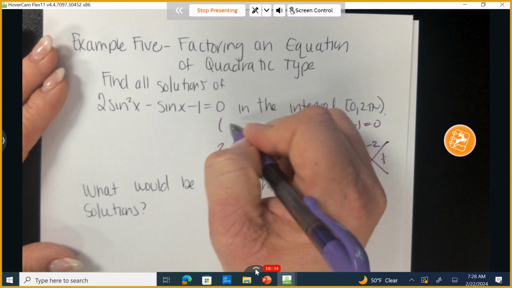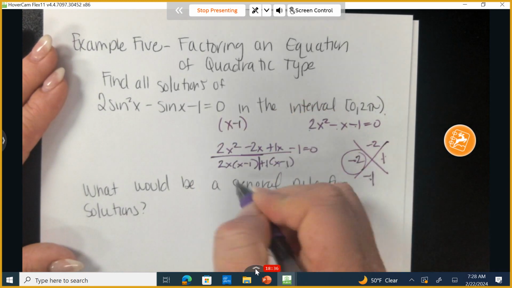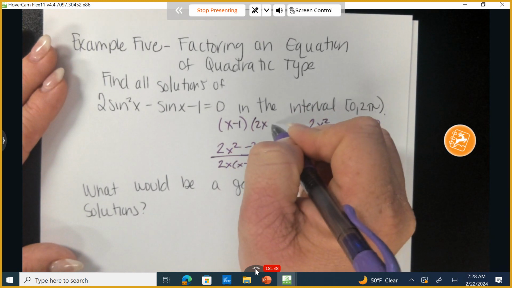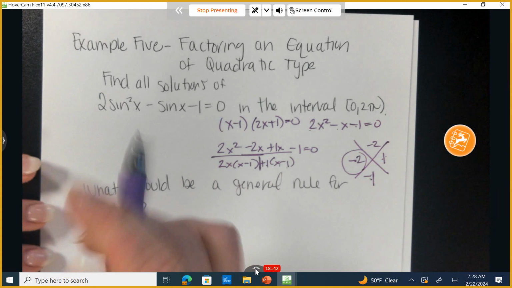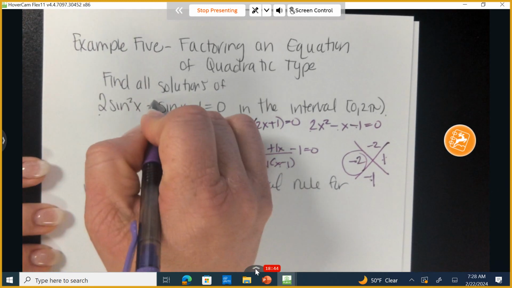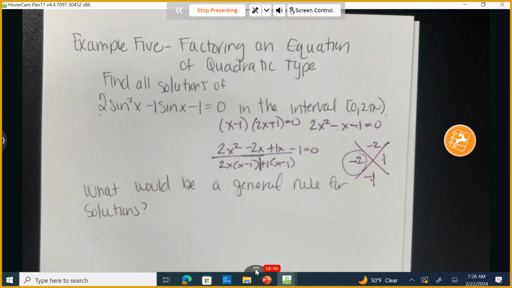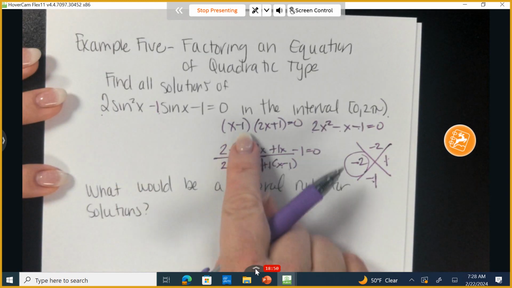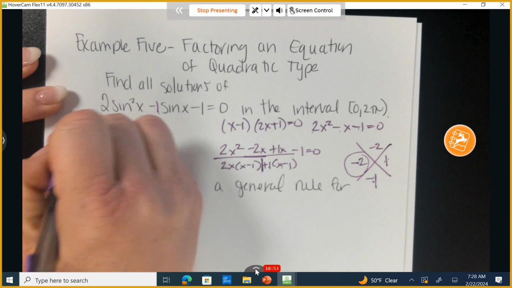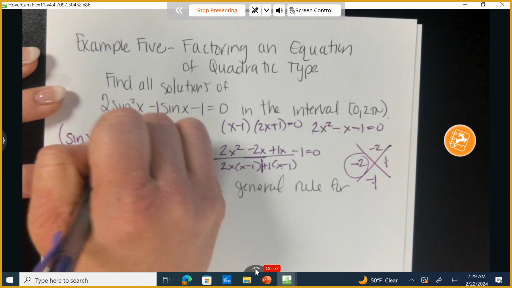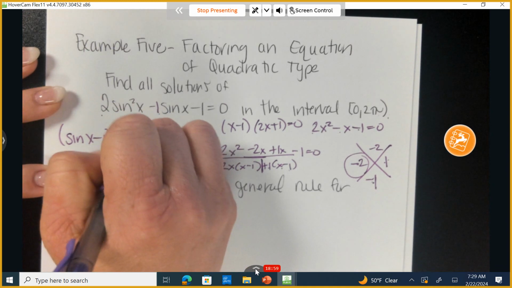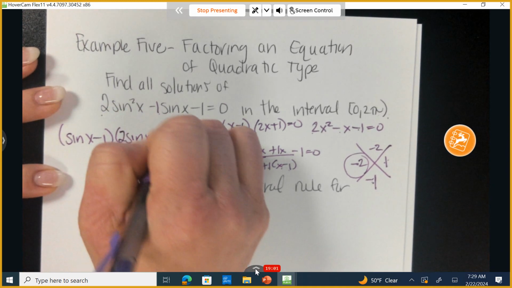This factors into, they each have an x minus 1, and then we have a 2x plus 1. Now, how does that help me with this problem? So I just took these values of 2, -1, and -1, which were the coefficients for the three different terms. And now I can take these two factors, and I'm going to write it out, but I'm going to include a sine. So sine x minus 1 and 2 sine of x plus 1 equals 0.